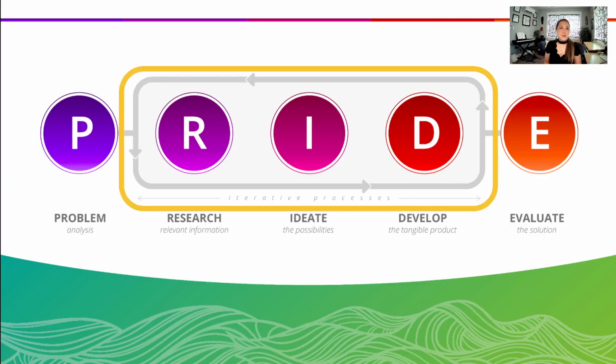The last portion I want to point out is this iterative process in the middle. Iterative just means we're going to go back and forth. We're going to bounce around a little bit. These are the stages that are bookended by the problem and the evaluation. This is where all of the change and the development happens. So just as an example, I often like to figure out what the problem is, and then I'll jump right into the ideation phase.